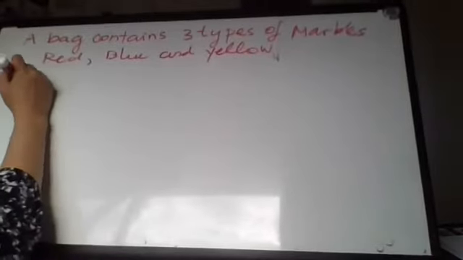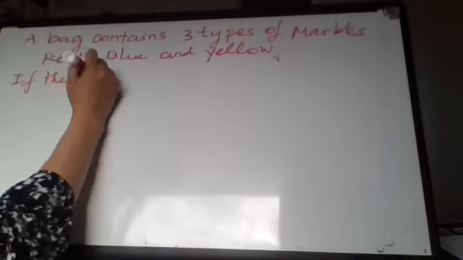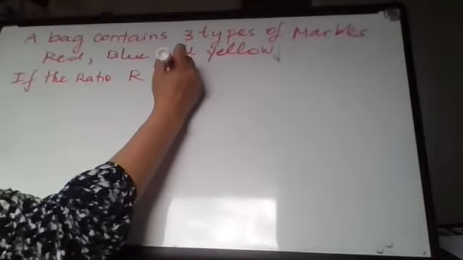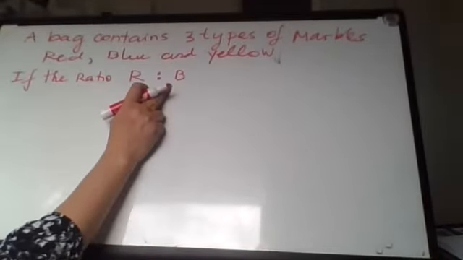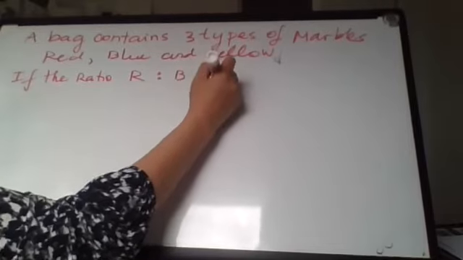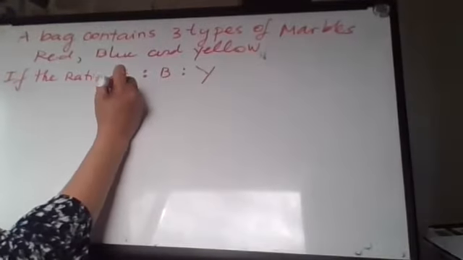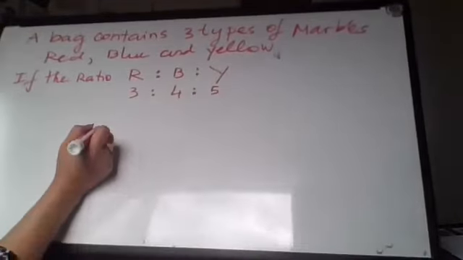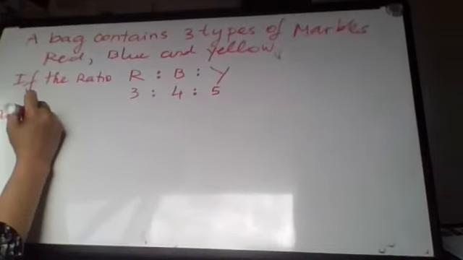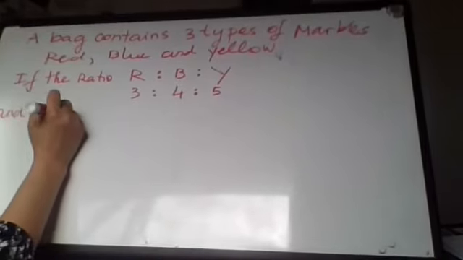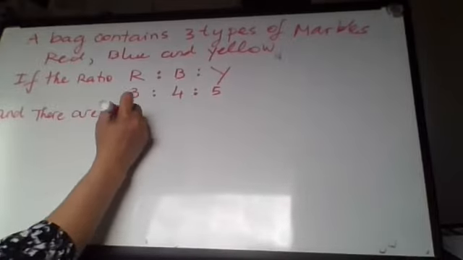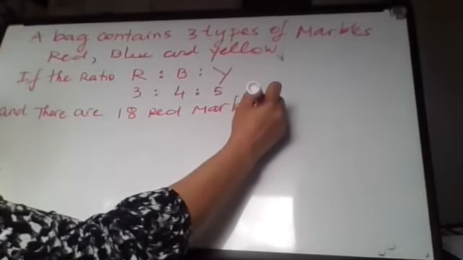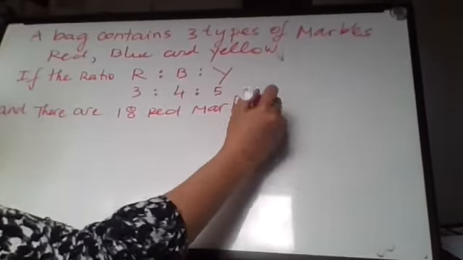If the ratio of red to blue, so R represent red, B represent blue, to yellow is 3 to 4 to 5, and there are 18 red marbles.